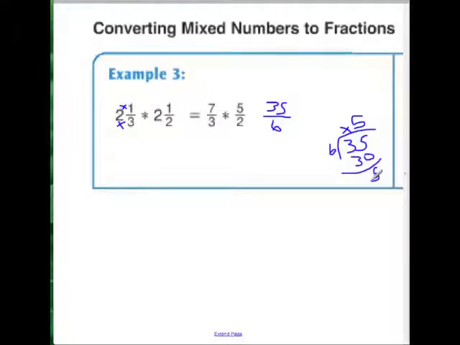And we always remember when we are doing mixed numbers that our remainder goes into part of our fraction, and the remainder is always the numerator. So our answer would be 5 and 5/6. Okay, we'll go ahead and try another one together.